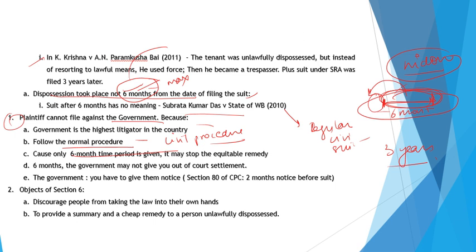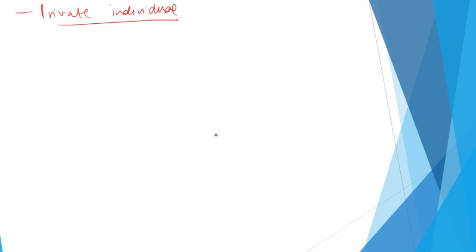What would it cause if you were given the opportunity to file against government within 6 months itself? You will obviously take the recourse of the Specific Relief Act. But this can stop the equitable remedy. Equitable remedies can be like, government in itself has commissioners, government in itself has departments.